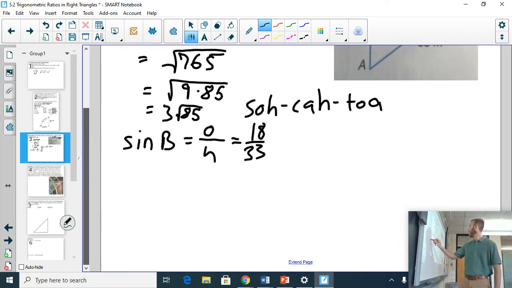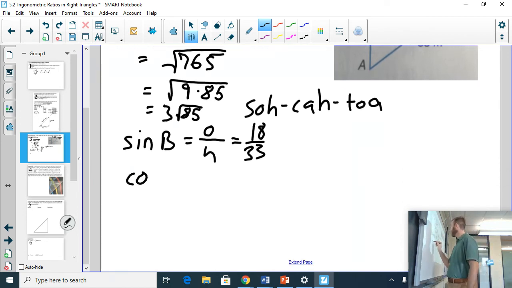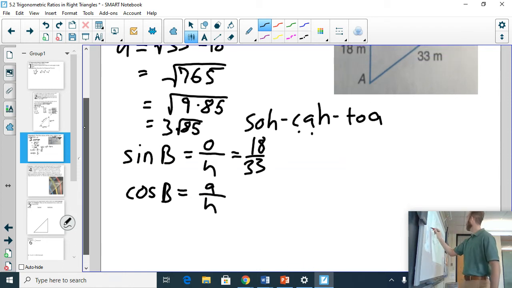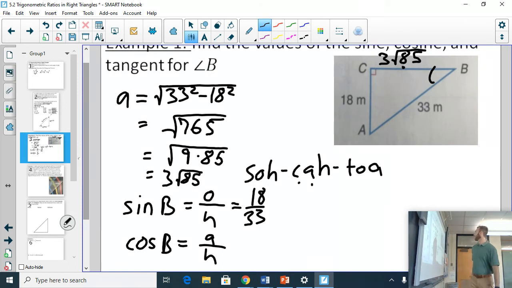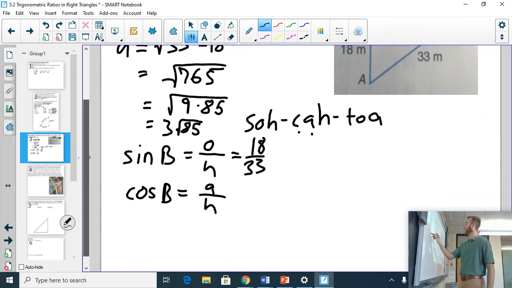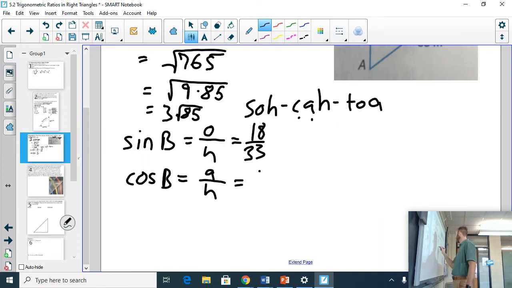And then, likewise, we just keep going. Cosine of B is going to be adjacent over hypotenuse. And up here, if we look, the side that is next to angle B is 3 times the square root of 85, all over the hypotenuse, which is again 33.